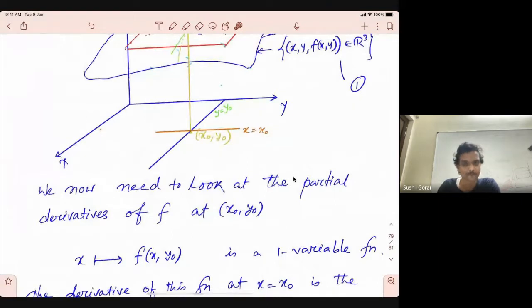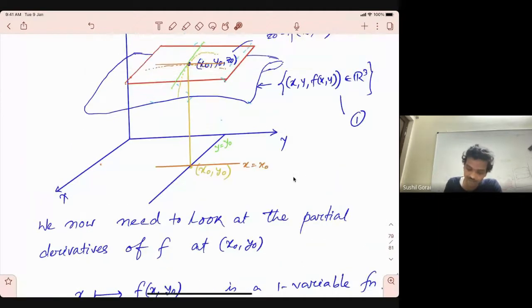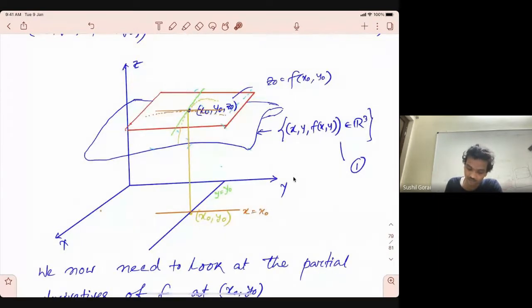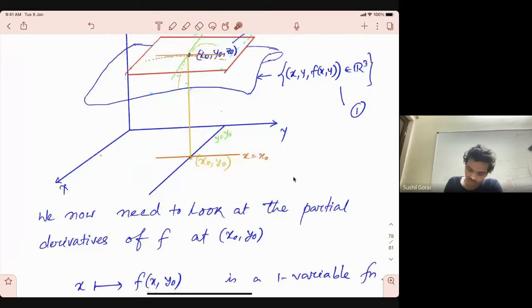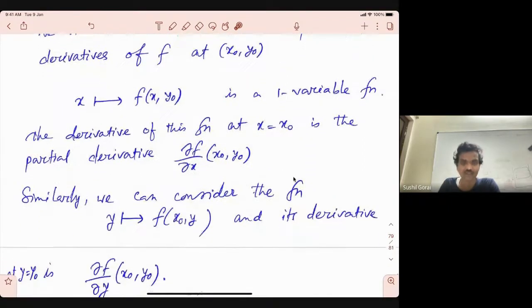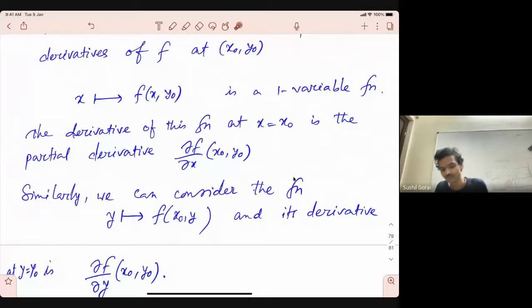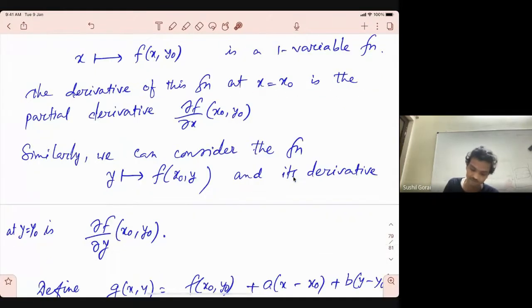So this a and b will not be determined by other directions. For the time being, we don't know about the other directions; we have not studied that. Those are called directional derivatives. So here, looking at these particular lines which are parallel to the x-axis and parallel to the y-axis, we are looking at the function as one variable and then computing the derivative, which gives us the partial derivatives.